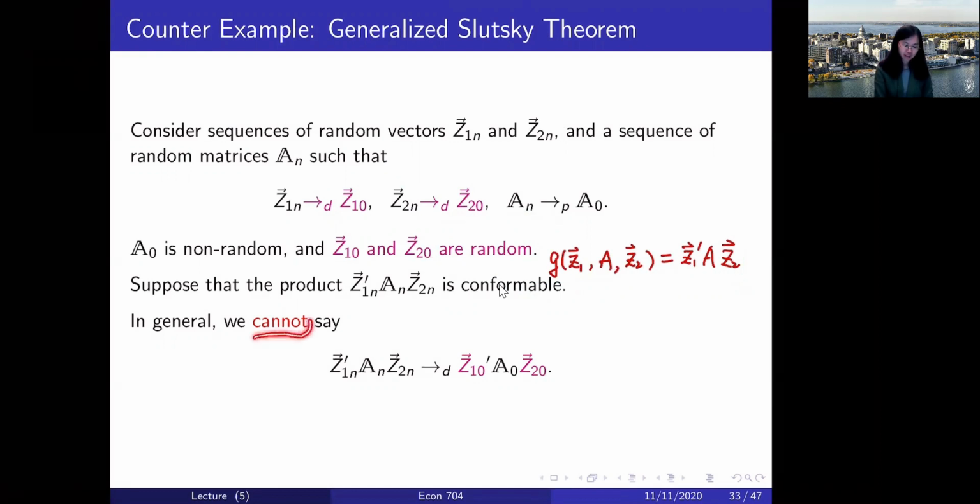But you cannot say G of Z1n, Z2n and An converges in distribution to G of the limits of the three things. This does not follow from the generalized Slutsky theorem because we have two arguments that converge in distribution separately, not just one argument of the function that converges in distribution.